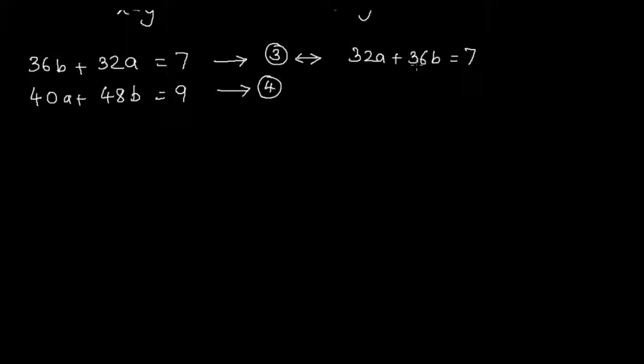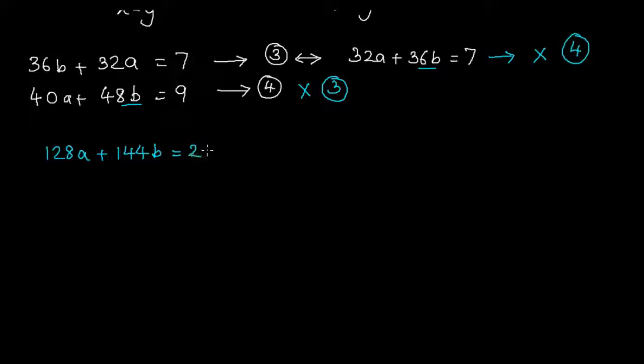Now I'll be using elimination method to solve these two equations. To do that, we have to first make the coefficients the same. So I'll be making the coefficient of b the same. To do that, I multiply my equation 3 with 4 and I multiply my equation 4 with 3. So my new equation 3 becomes 128a plus 144b is equal to 28.